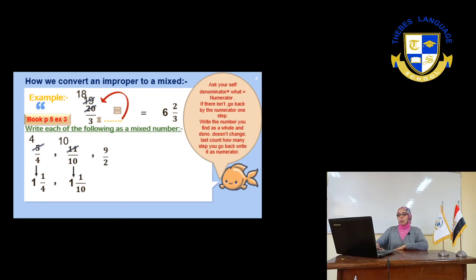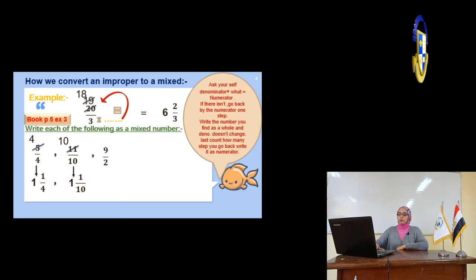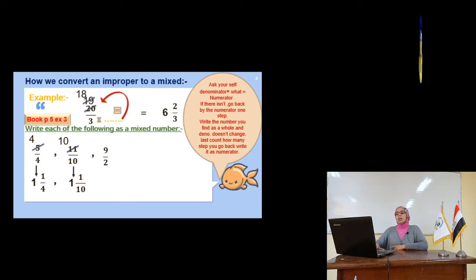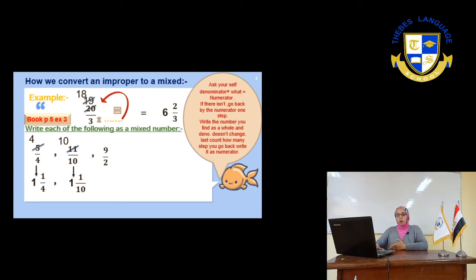Next, improper, 9 over 2. In the same way, 2 times what equals 9? There is no. Go back. It will be 2 times 4 equals 8. So the whole number will be 4, and the denominator 2 as it is. And we went just one step. So the mixed number will be 4 and 1/2.